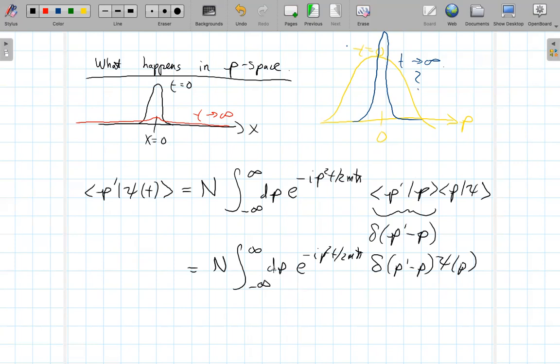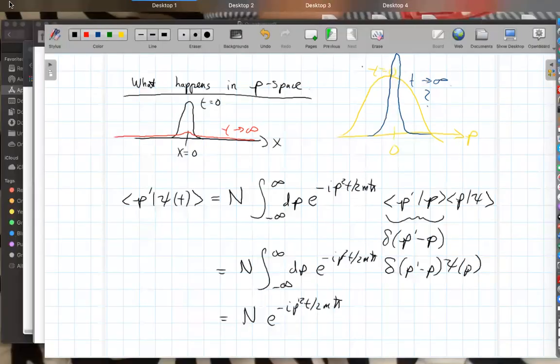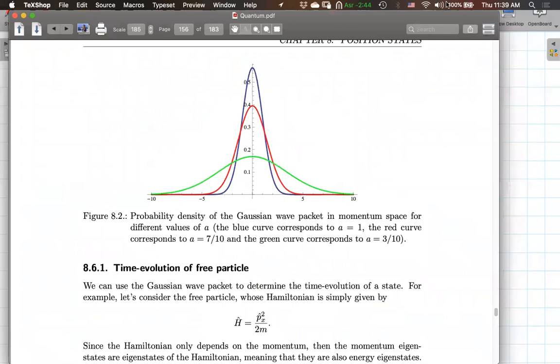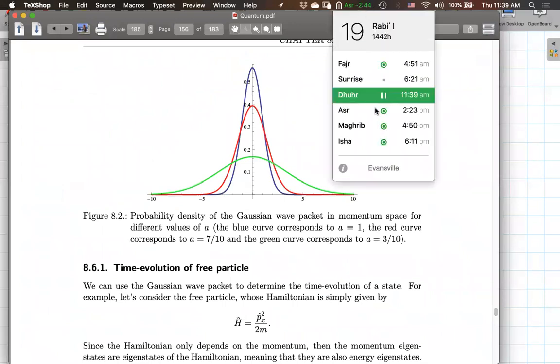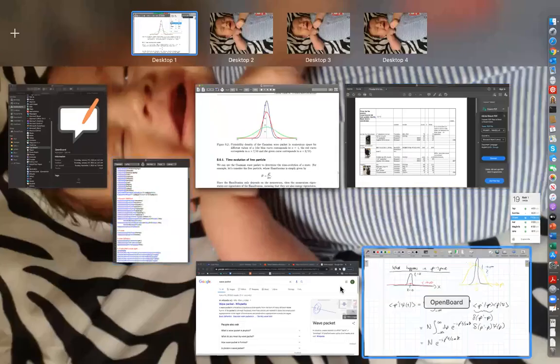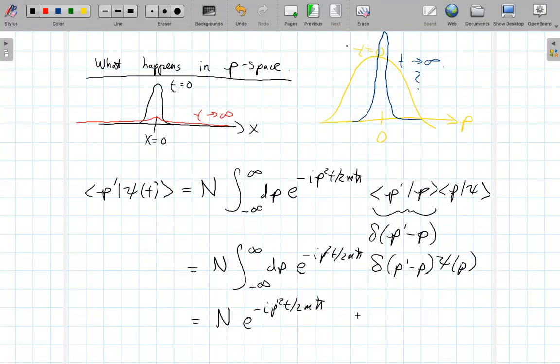Now when I do the integral over p, that just changes all the p's to p primes. So this is equal to n e to the minus i p prime squared t divided by 2mħ, times psi of p prime.